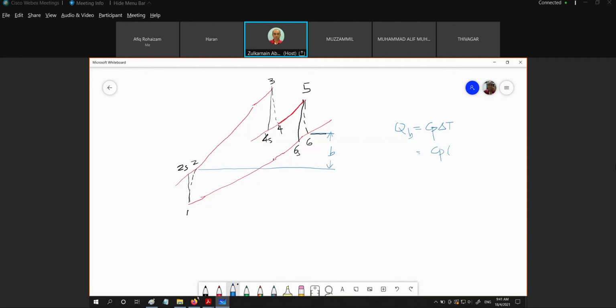Cp times T6 minus T2. But I'm not sure what the actual Cp is, because from 6 we know that this is exhaust gas, and from 2 is Cp air. We might use this as Cp average. Okay, we might use the Cp average.